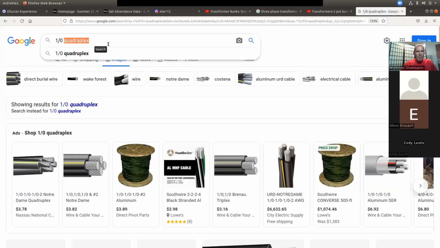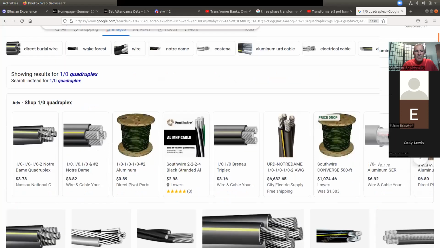Quadruplex. Quadruplex stands for 4 wires total. 1 neutral, 3 hots. What would 1 aught triplex be? 3 wires. 1 neutral, 2 hots. And what would 1 aught duplex be? 1 neutral, 1 hot. All right, good deal.